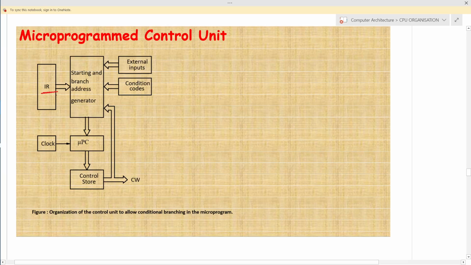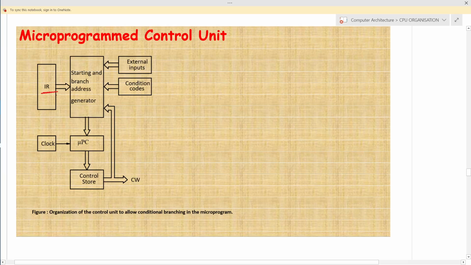Successive control words for a particular instruction are loaded in successive locations in the control store. And also we can have different conditions. Based upon that, a branch can occur or a subroutine call can occur, and accordingly the control word address will be changed and it will be fetched accordingly.